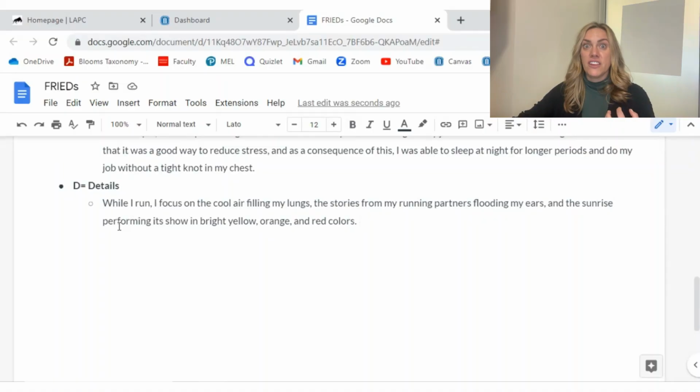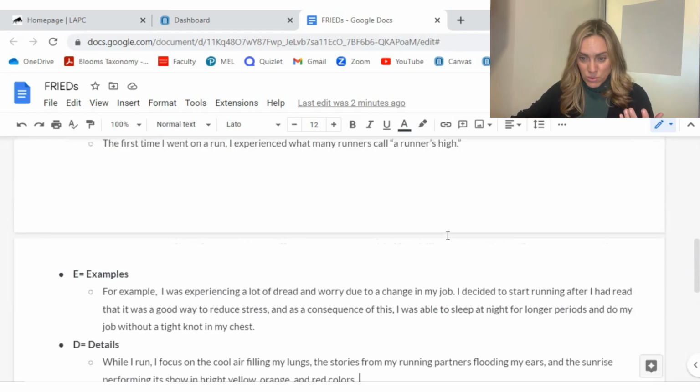While I run, I focus on the cool air filling my lungs. You can feel that, right? The stories from my running partners flooding my ears. You can hear that. And the sunrise performing its show in bright yellow, orange, and red colors. You can see that. So here I'm using lots of detail to develop the idea that I'm trying to explain.